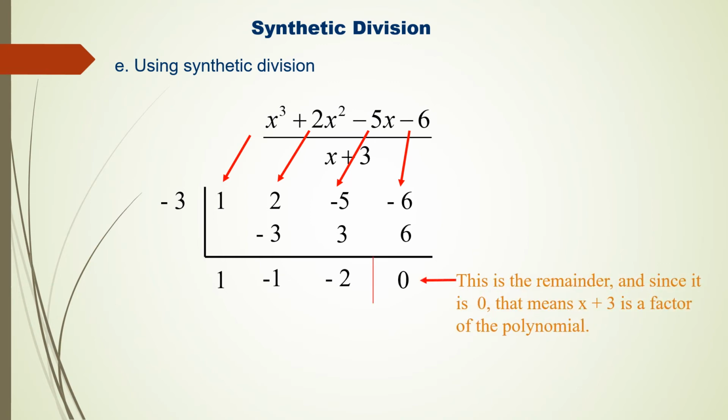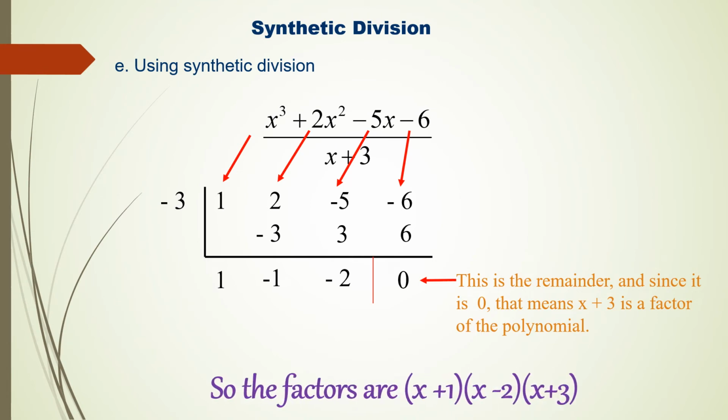Wow! So we got another 0. It means to say that x plus 3 is a factor of the polynomial. In short, the factors are x plus 1 times x minus 2 times x plus 3. So you see we were able to get the factors of the polynomial using synthetic division.